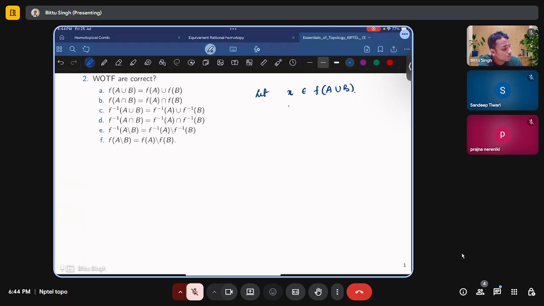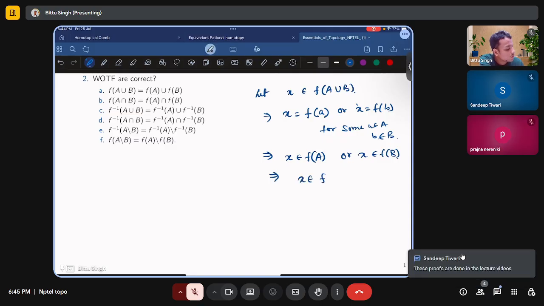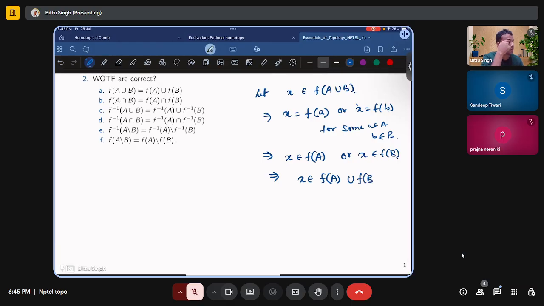That means x will look like f of some a, or x will look like f of some b, for some a belongs to A, or b belongs to B. And the first one means x belongs to f of A, and the second one means x belongs to f of B. Therefore x belongs to f of A or f of B. Okay, nice. So this is already done in the lecture video.